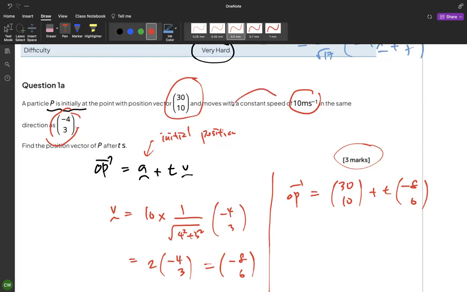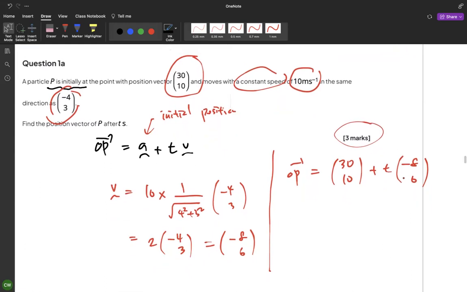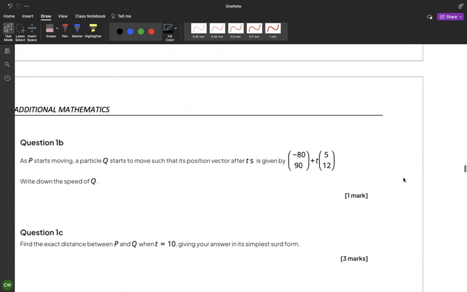They will tell you the speed and give you the direction, so they expect you to use the magnitude multiplied by the unit vector to get the velocity. Then substitute into here. Are you clear with the working? Try to understand the working. Okay, Genevieve says okay, definitely okay. Yes, confirm.